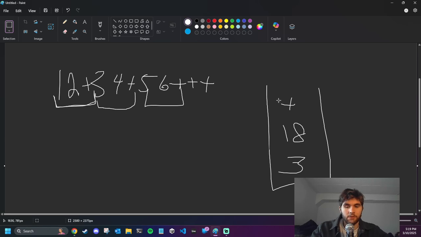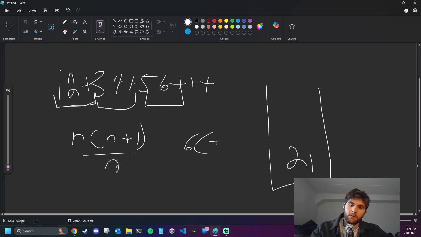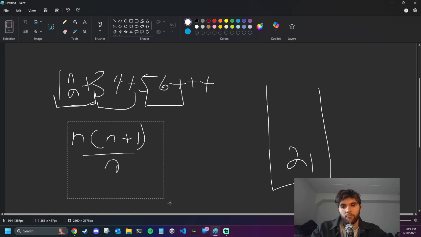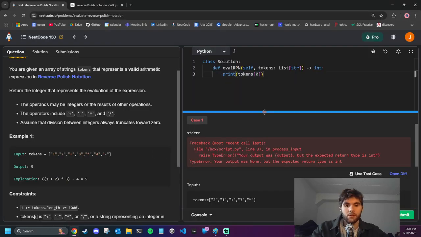We'll combine those into 21. And I'll verify it with this formula. So n is 6. So it'll be 6 times 7 divided by 2. That's 21. Okay, so it looks good. So I think anytime you encounter an operator, you're just going to get the last 2 off the stack.